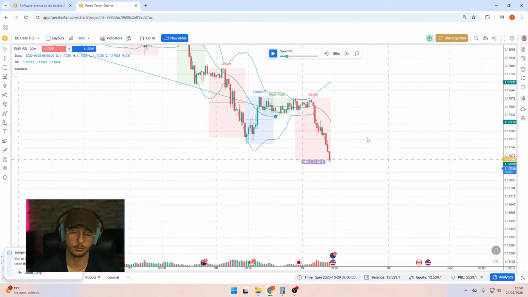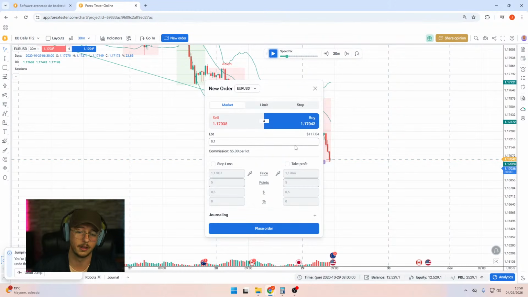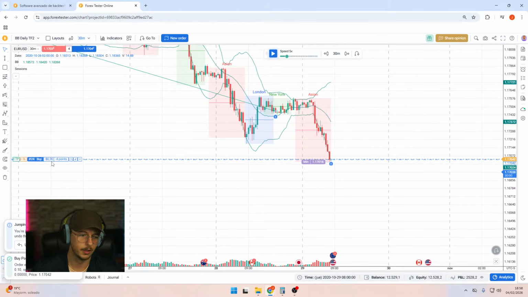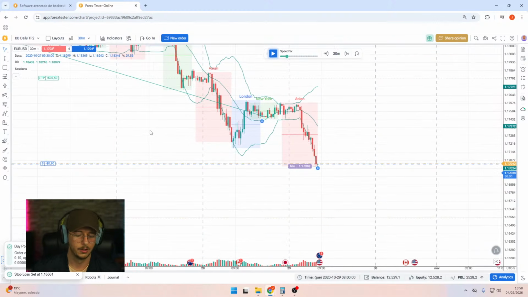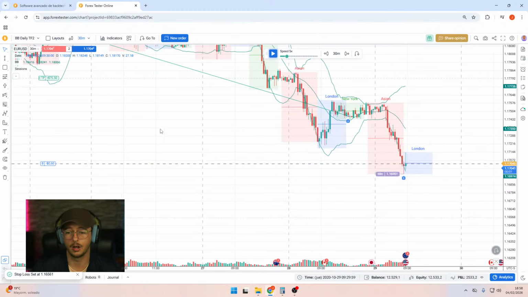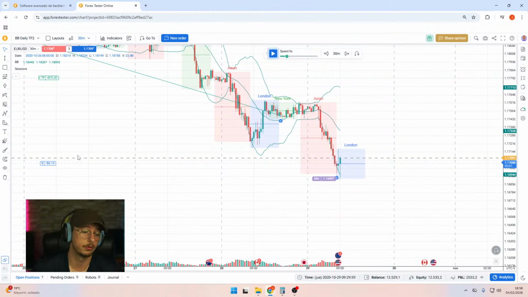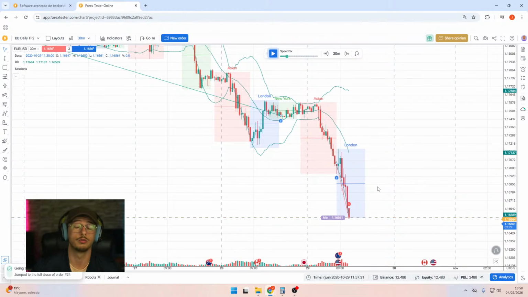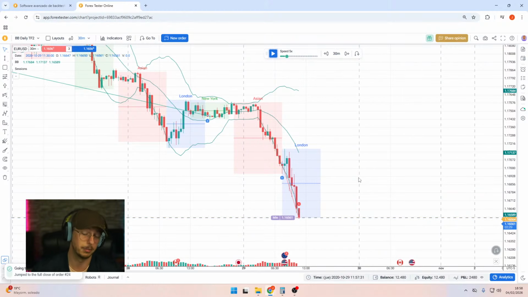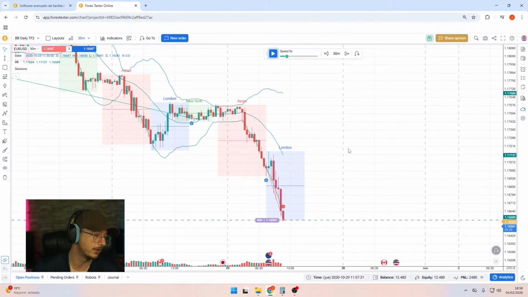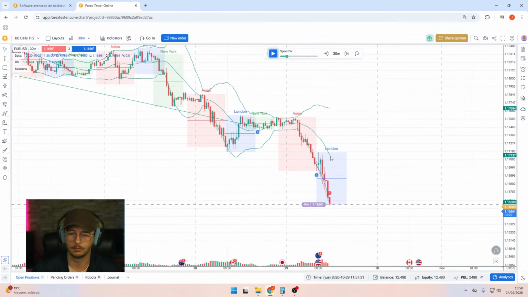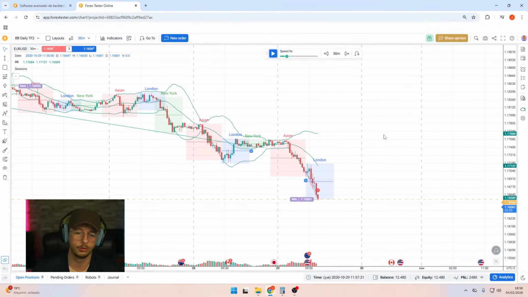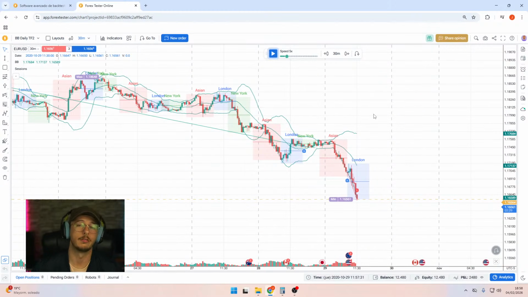And another cool thing, if we open a buy here and I set my stop loss just below here, my take profit above here, I could either scroll through the chart waiting for it to hit take profit or stop loss, or I could just double click here, go to order close, and it'll go straight to the take profit or stop loss. And this, believe me, saves a lot of time, especially when we've got big targets like 100, 200 pips, more in terms of swing trading. This can save you a lot of time.